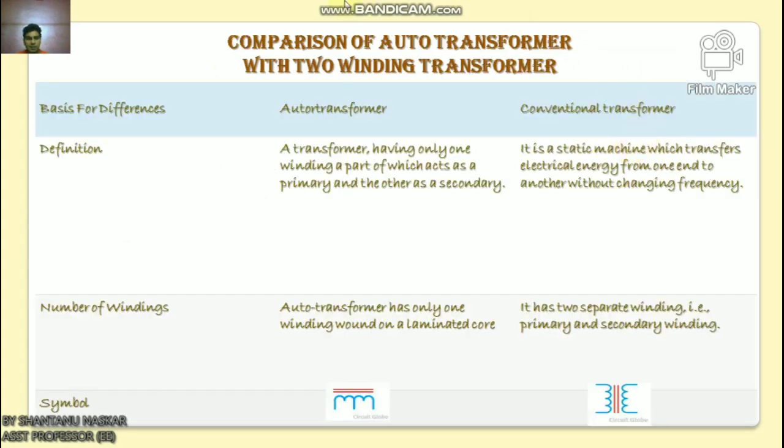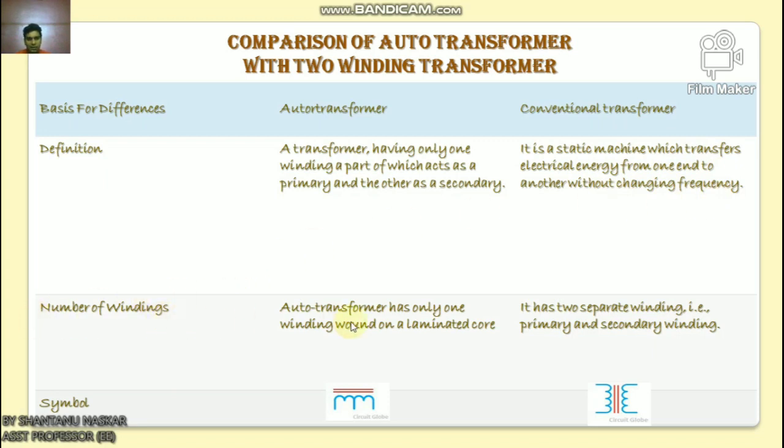Now I will discuss the comparison of auto transformer with 2-winding transformer. This is the basis for difference, this is the single phase auto transformer, and this is the conventional transformer. According to definition, an auto transformer is a transformer having only one winding, a part of which acts as primary and the other as secondary. A conventional transformer is a static machine which transfers electrical energy from one end to another without changing frequency.